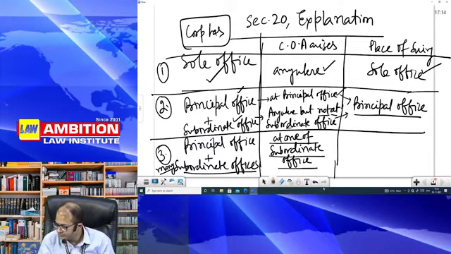All right. Then second, it says no objection as to the competence of court with reference to pecuniary limits. So 21(1) is place of suing. 21(2) is pecuniary limits. Same point, at the earliest possible opportunity. So here you just change this.